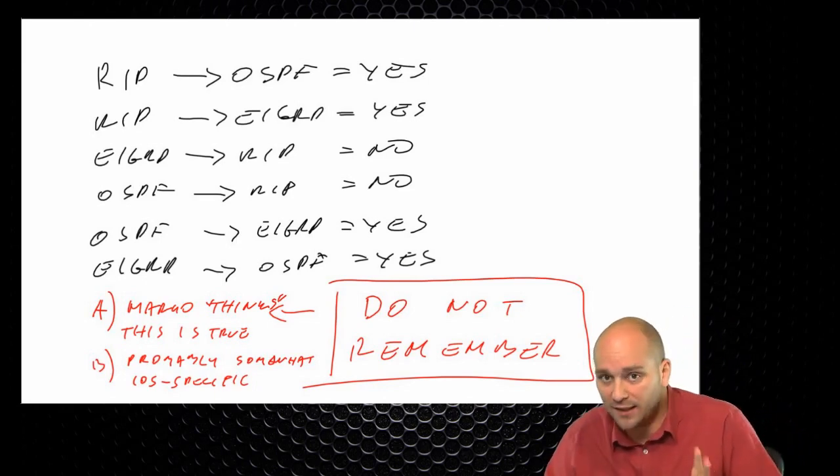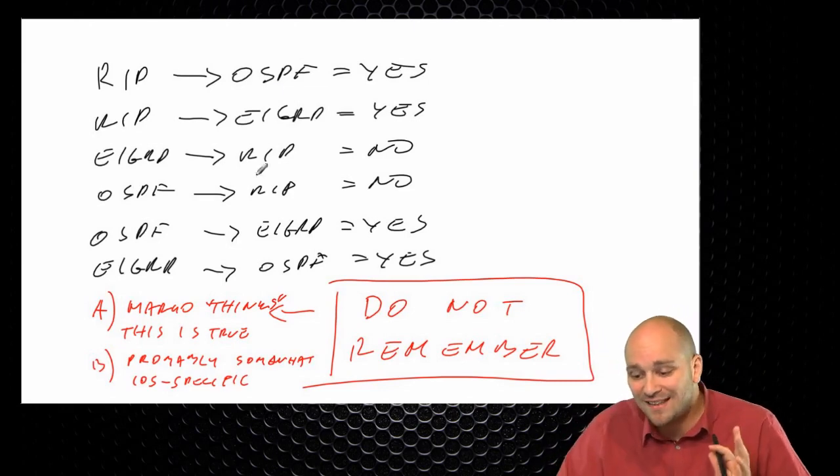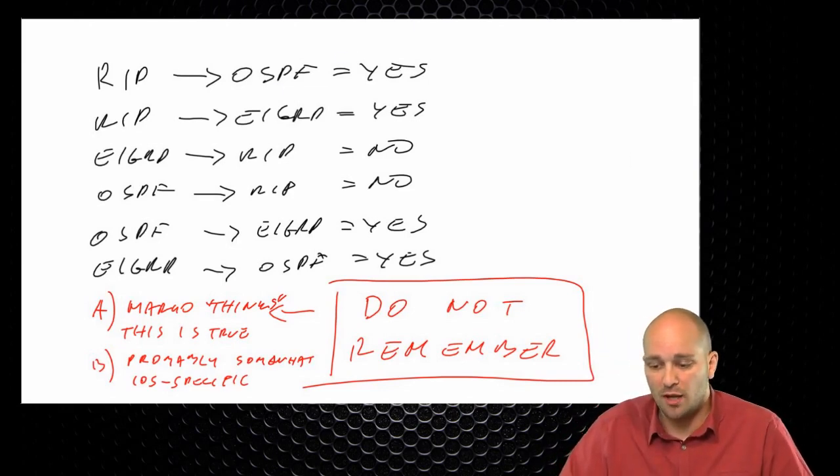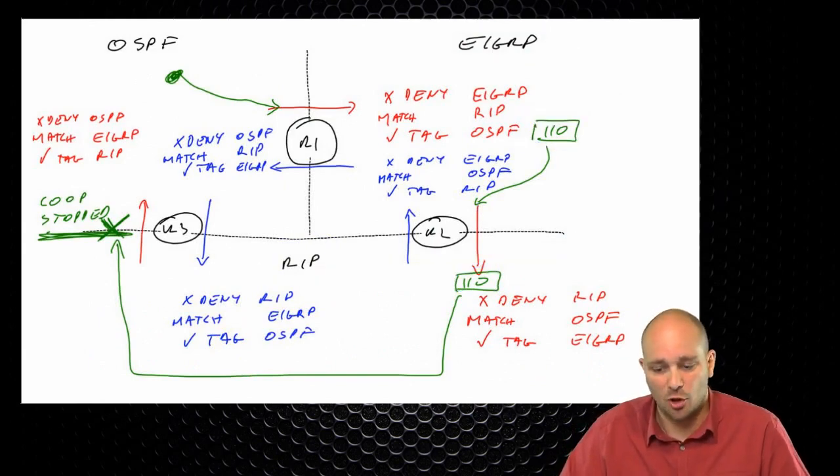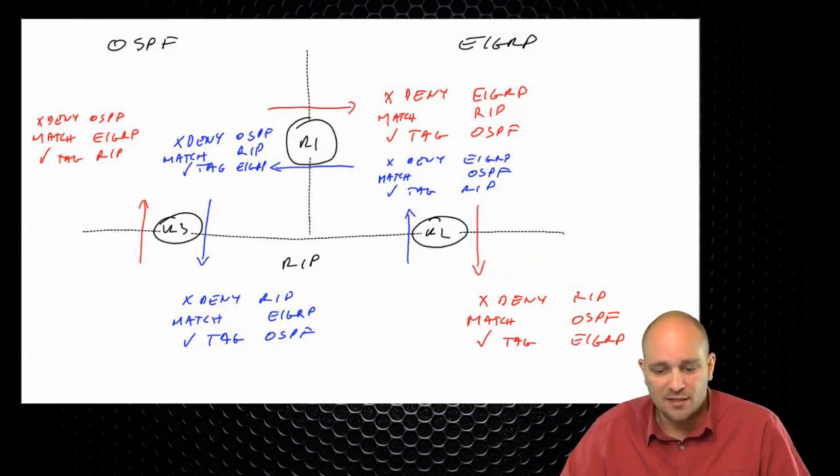Now, the reason why I tell you not to remember this is that there is actually a solution for this, even without caring about whether the tag gets copied or not. So this is the logic that we implemented. Let me work on this page.